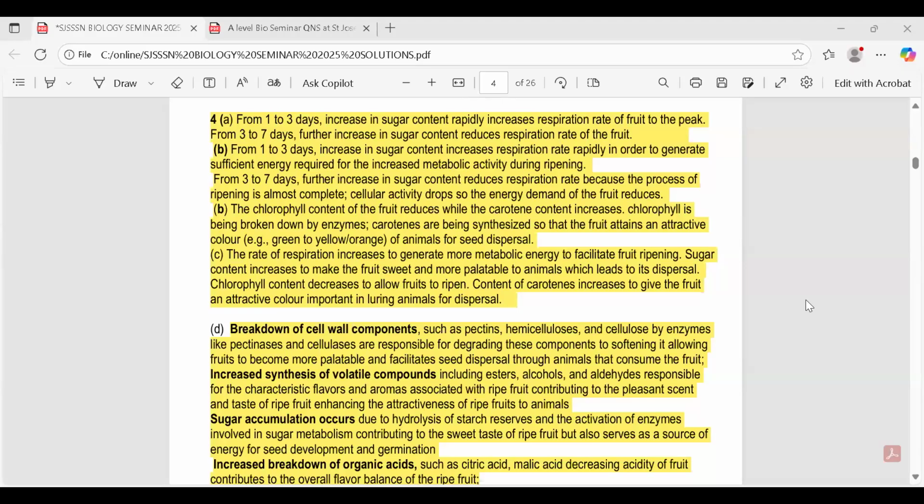So there is no need for more chlorophyll to make more starch. Rather, the need is now to have carotenes and have those hormones convert the starch to sugar, which is sweeter and more attractive to dispersal agents. That's why the chlorophyll concentration decreases, such that it enables carotenes to make the fruit look colorful to attract pollinators.